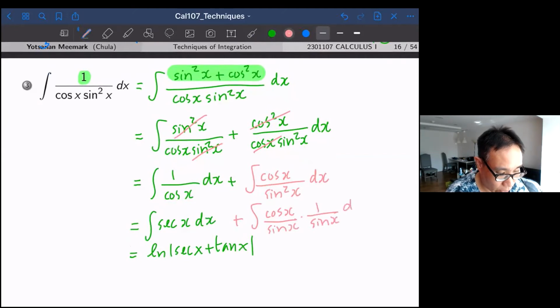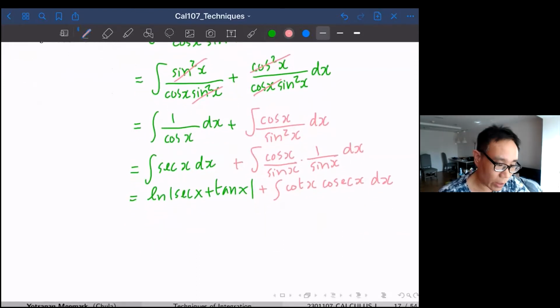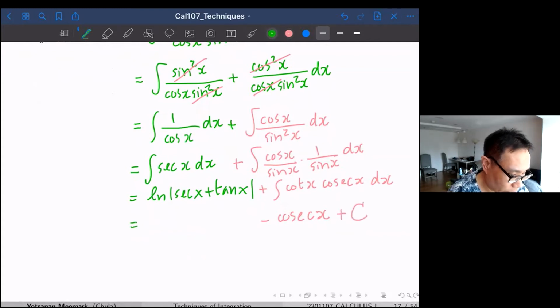If you see this, you may not have to use substitution. So this is cot x cosec x dx, and the integral of cot times cosec is negative cosec x, plus c. And this will be your final answer, sec x plus tan x.